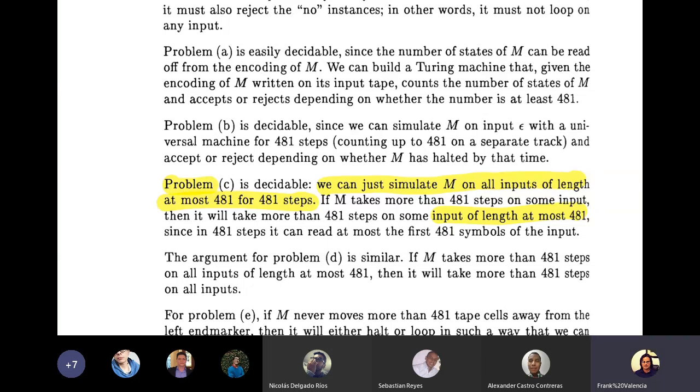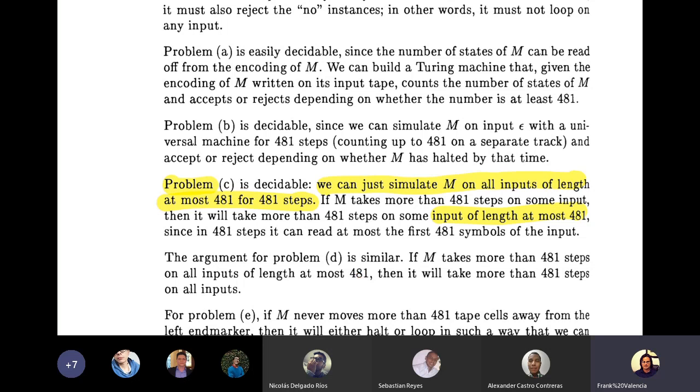So the argument for the next problem that some of you were actually thinking about is basically the same or similar. If M takes more than 481 steps on all inputs of length at most 481, it will take more than 481 steps on all inputs. Okay, so you only need to check the inputs of length at most 481.